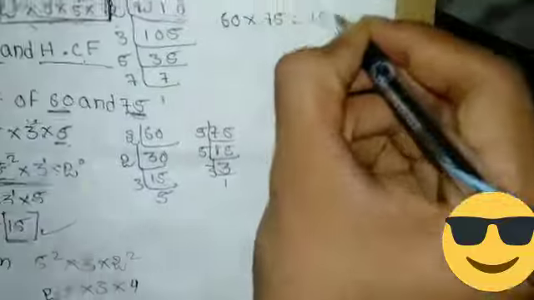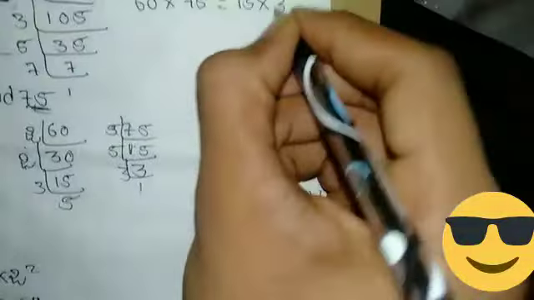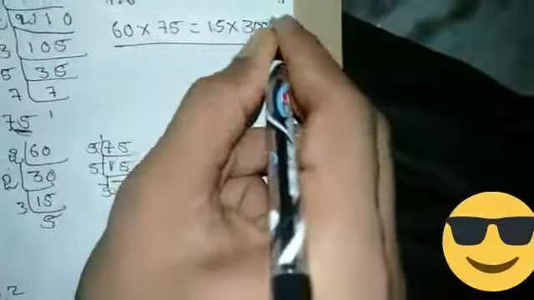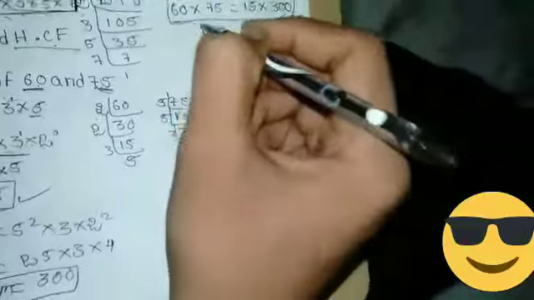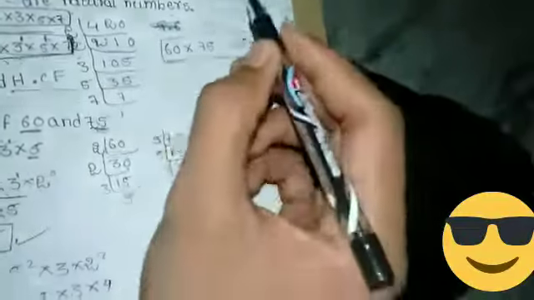HCF is 15 into 300. Both values are equal. This is one important thing we want to notice here.